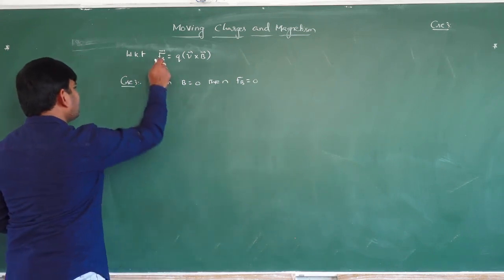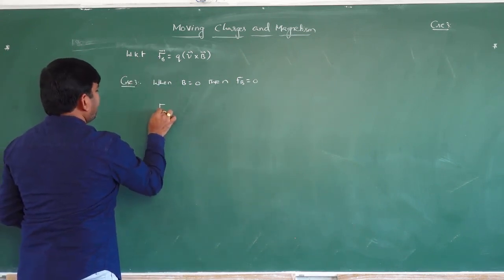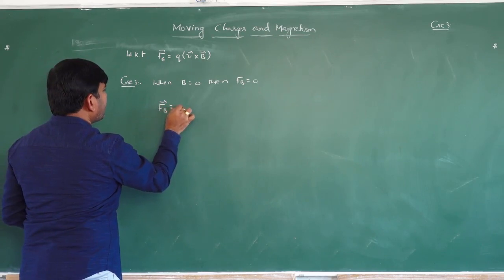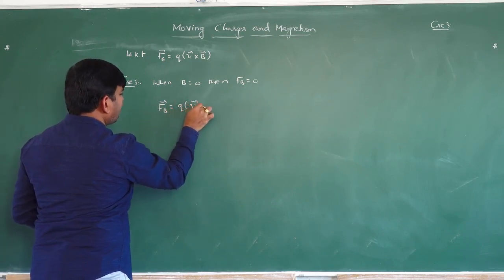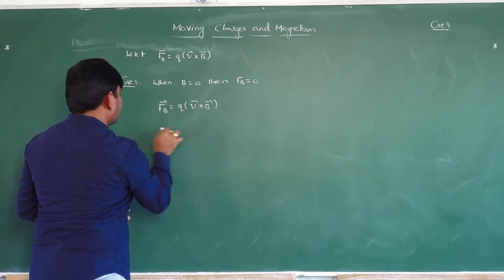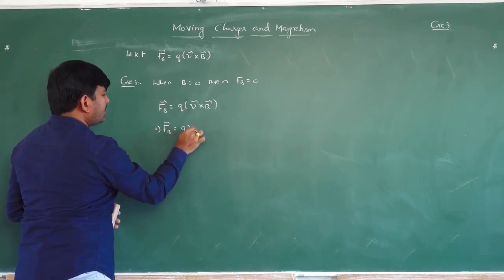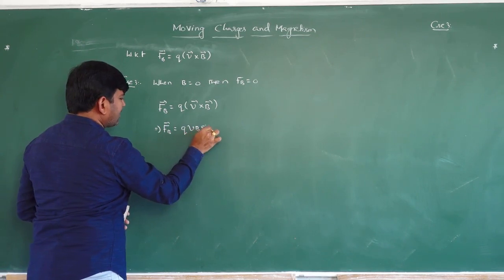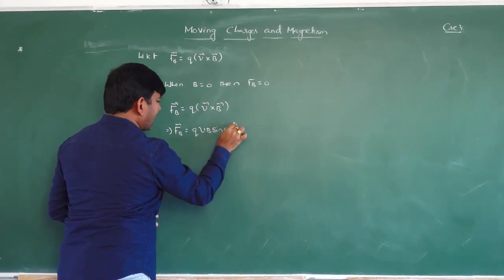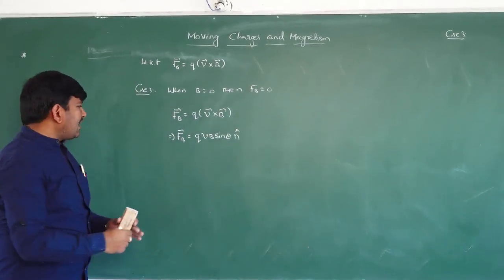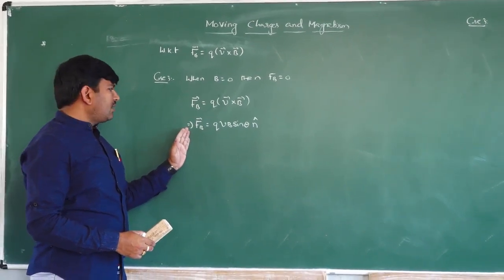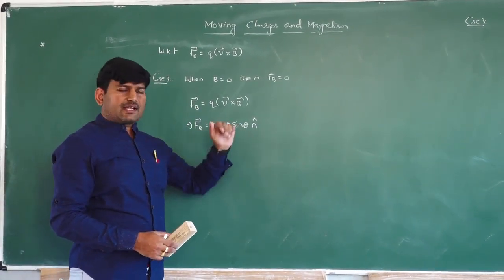And lastly, this can also be written as FB in vector form, we are writing it as Q into V bar cross B bar, or I can write it as FB bar is equal to Q into V into B into sine theta into n cap. So here the left side term is a vector quantity, therefore the right side term must be a vector quantity.